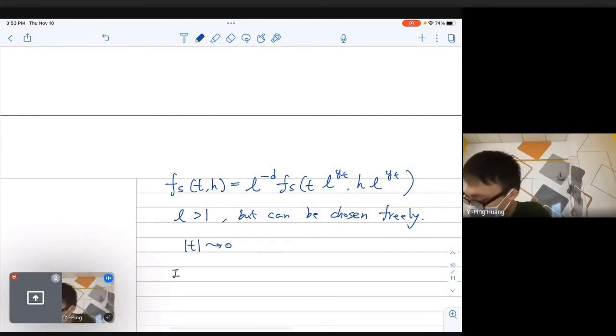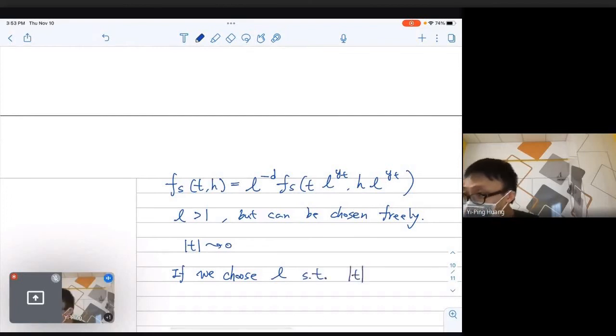So we can try to choose L according to the behavior of T. So if we choose L such that absolute value T times L to the power of YT is of order 1. Order 1 means that you can almost imagine that this thing is just 1. So just not to confuse everybody, let's just write it as 1.